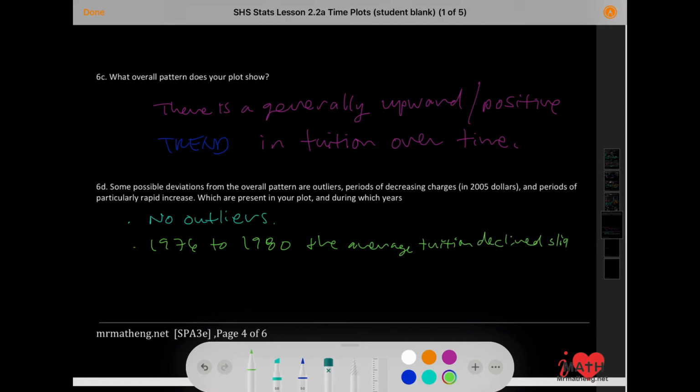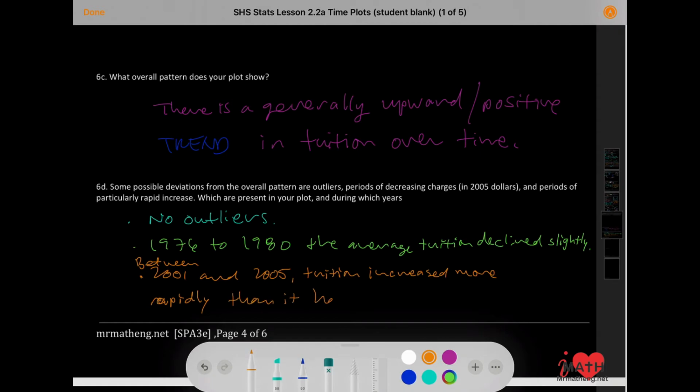Something you can notice. Between 2001 and 2005, tuition increased more rapidly than it had been increasing before.